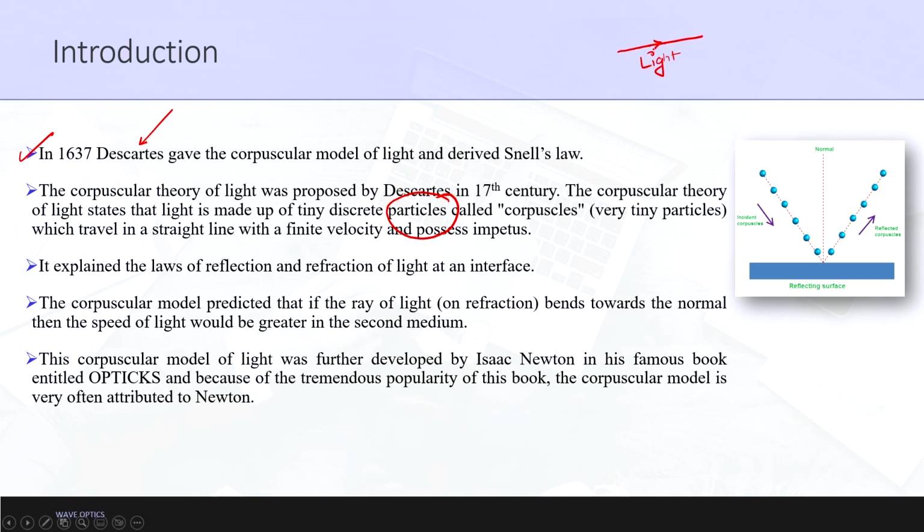The figure on your right also shows the corpuscular theory. As you can see, these blue dots are nothing but corpuscles. A complete group of these corpuscles is nothing but light, as described by Descartes. So, this was the concept of the corpuscular model of light.